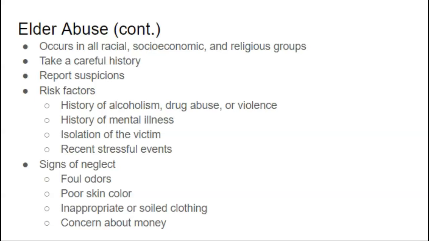And once again, just like in a pediatric patient, if you are suspicious, then you need to report, even if you don't have full proof. Okay. So taking an accurate history, and realizing that this is something that occurs across the board in all racial, socioeconomic, religious, and cultural groups. It's not isolated to just one area. And so we just want to make sure that if we see it and identify it, that we report and get help. Okay.